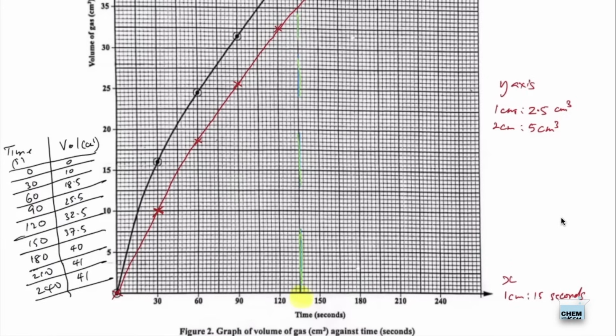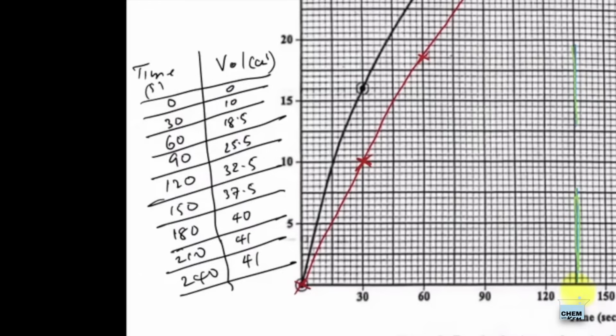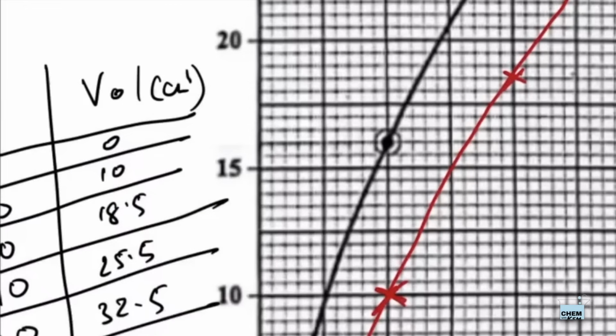On the y-axis, we have to be a little more careful. 1 cm is being used to represent 2.5 cm cube. So each of these little boxes is being used to represent 0.5 cm cube. So we have to bear that in mind.